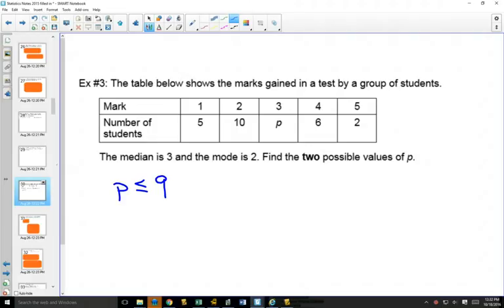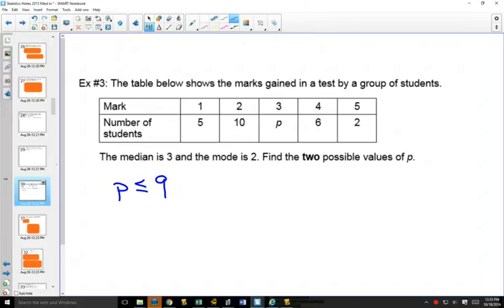Because if P was equal to 10 or more, then the mode would be 3. Does that make sense? So now, as far as possible values for P, we've got, I guess, 10 possible values for P, from 0 to 9. P can't be negative. There can't be negative 2 students that got a mark of 3.